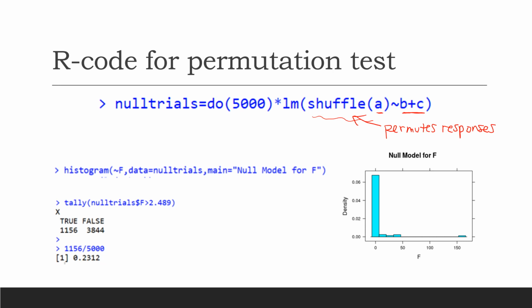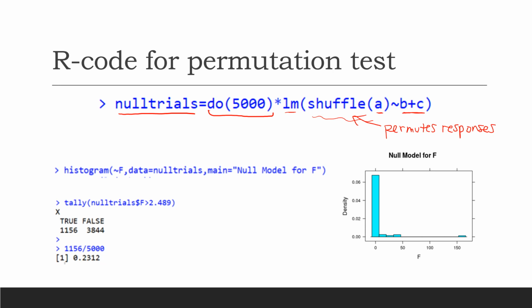And remember, for each of those, I calculated the F test statistic, and the linear model function is going to do that for us. And since I want a whole bunch of different reshufflings, I used the do 5,000 times to do 5,000 permutations. And then I just created an object null trials to hold them.